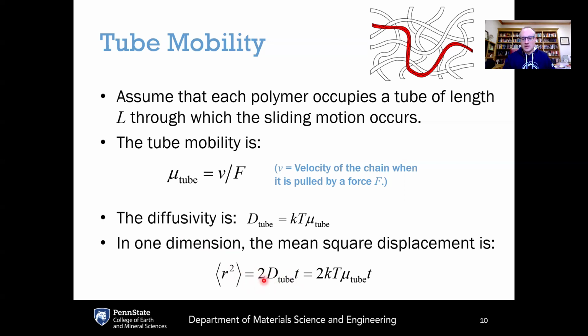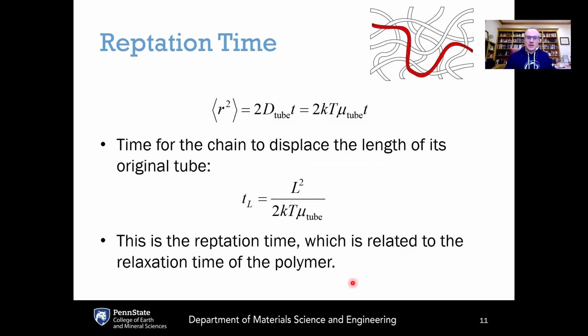The 2 is coming since it is a one-dimensional motion, and then this is equal to 2 times Boltzmann's constant times the temperature times the mobility of the tube times time. And so this is relating the diffusivity of the polymer chain following this pathway through reptation back to its mobility and its mean squared displacement.